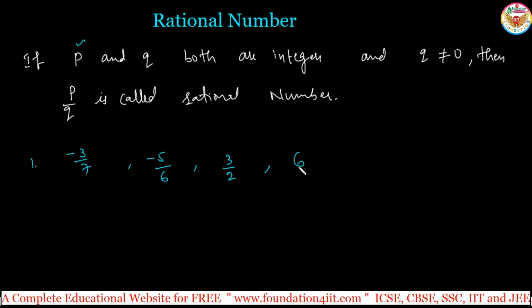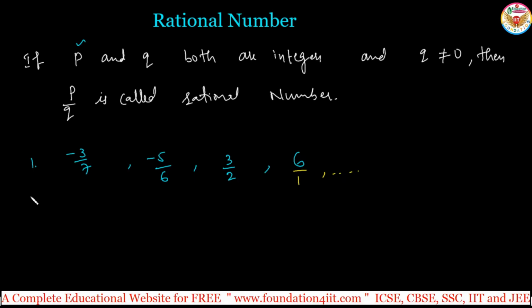You can even write 6 as a rational number, because for 6 there is no denominator, we can assume 1, because 6 divided by 1 is 6. So all the natural numbers, all the whole numbers and all the integers are also rational numbers. You remember that. So p and q both are integers and q is non-zero.